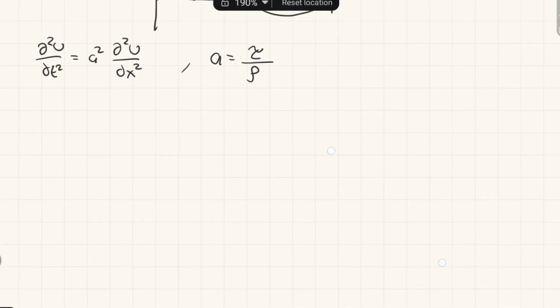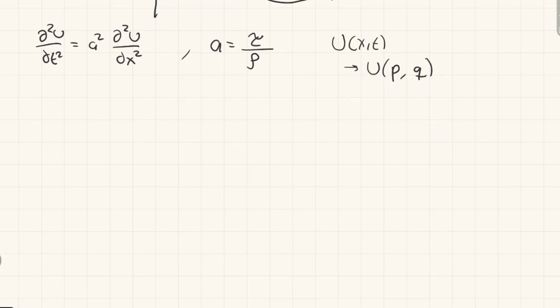So to find a solution for this equation, we are going to propose that u, which is a function of x and the time, will now be a function of variables p and q, right? Where p and q are going to be functions of x and t. So this will take the shape of u of p of x comma t and q of x comma t.